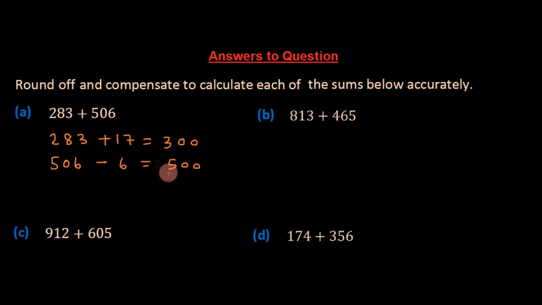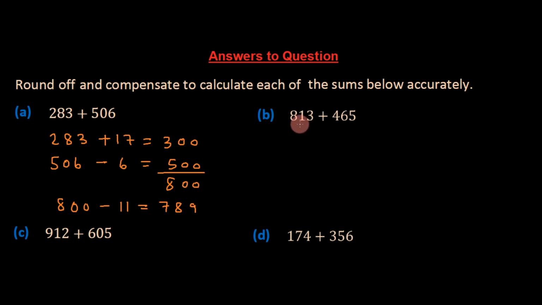So our estimate here will be 300 plus 500, in other words 800. Now we rounded up by 17 minus 6, in other words 11, more than we rounded down. So we've got to subtract 11 from 800. So then our actual answer will be 800 less 11, and that's going to be 789.